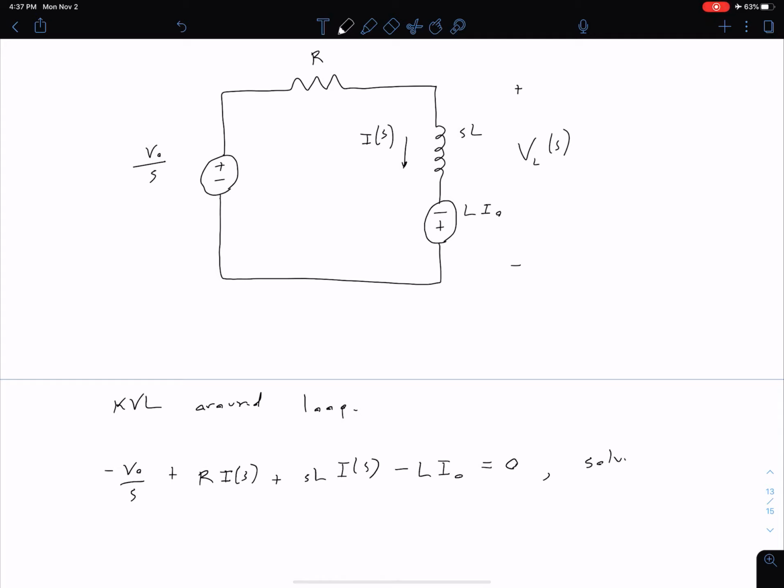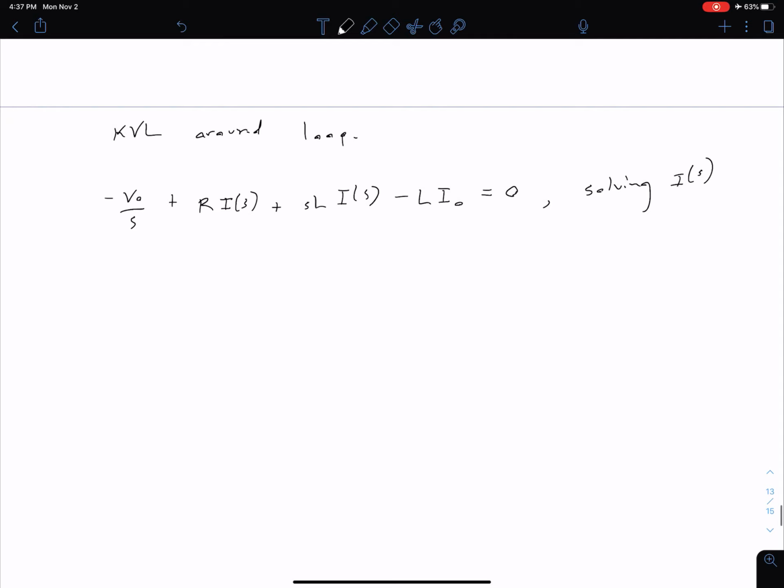And so what we want to do is solve for our I of S, because ultimately what we want to do is find I of S, then inverse Laplace transform to get the I of t that we want. So solving for I of S, combining a couple steps, we can think about moving these terms without I of S over to the other side.